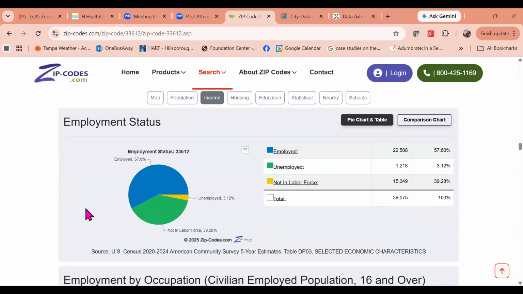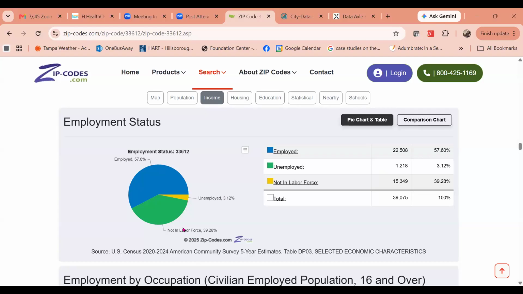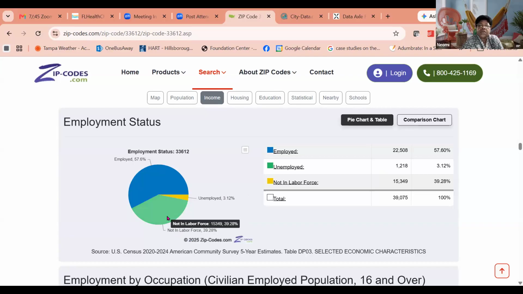Employment status. There's only 3 percent of people in your neighborhood that are unemployed. The vast majority of them are employed. The green says 39 percent not in the labor market. That means they're too young to be in the labor force, because this captures everybody no matter what their age is, 8, 9, 10, 15, 16.